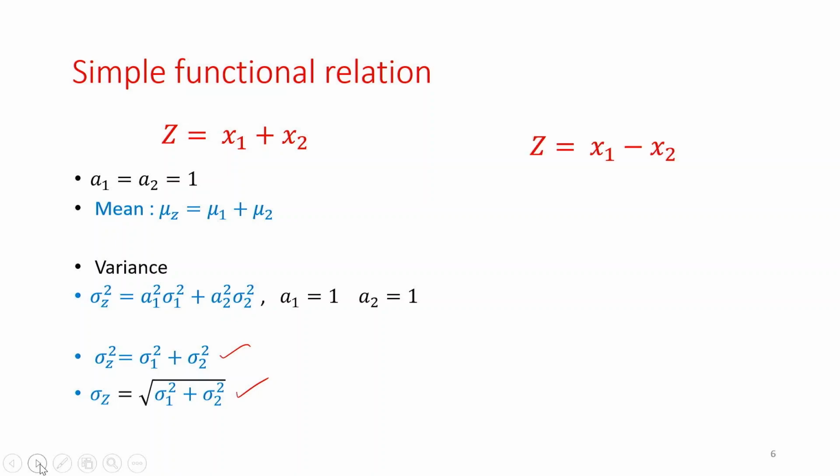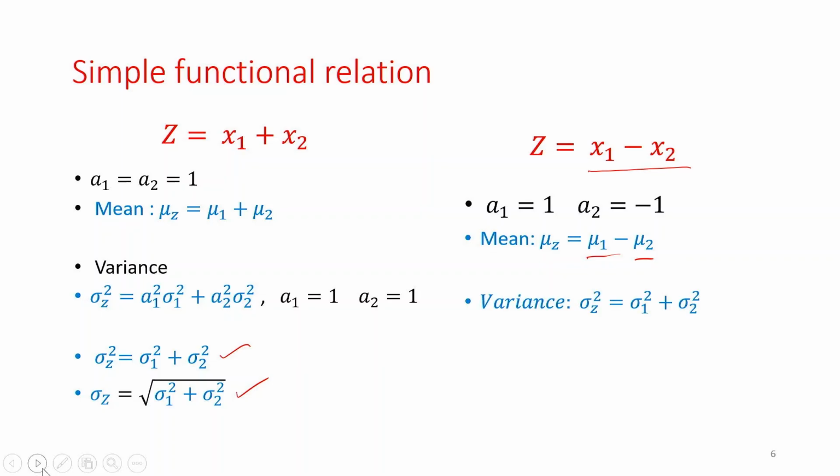There could be a function where z is x1 minus x2. So in this case, a1 is 1 but a2 is minus 1. So the mean of z is going to be mu1 minus mu2. It's the same functional relationship. And the variance, sigma square z, is going to be sigma 1 square plus sigma 2 square, because a2 is minus 1, so it is minus 1 squared, which is going to be plus 1.